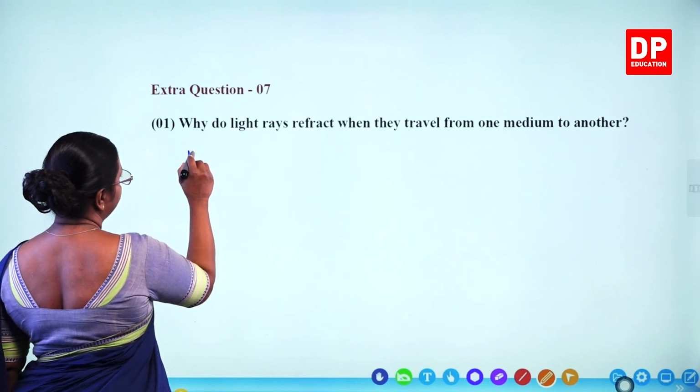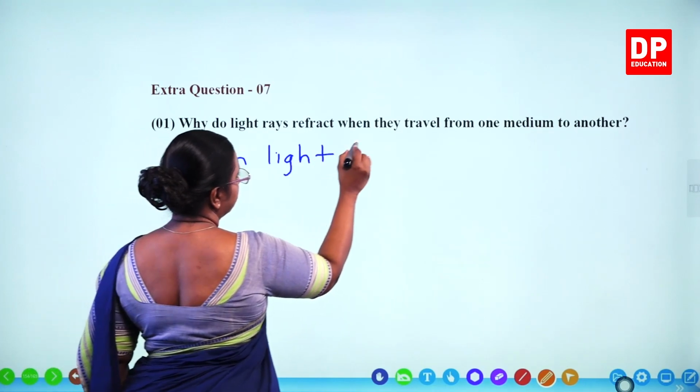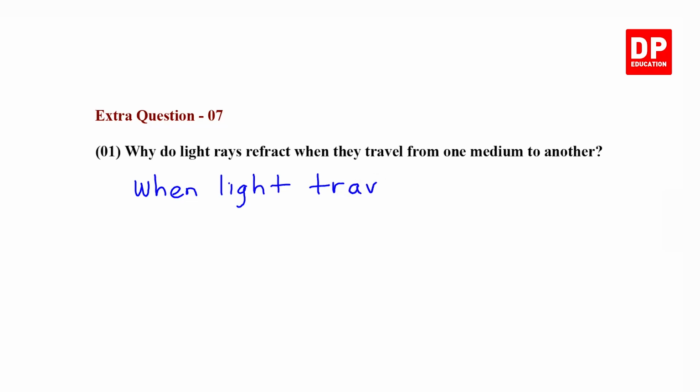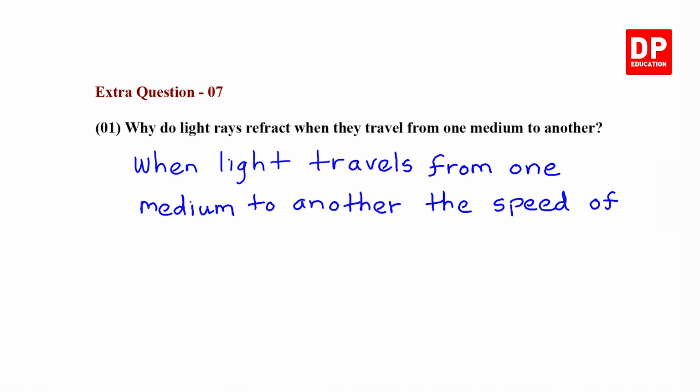So we can say when light travels from one medium to another, the speed of light changes.